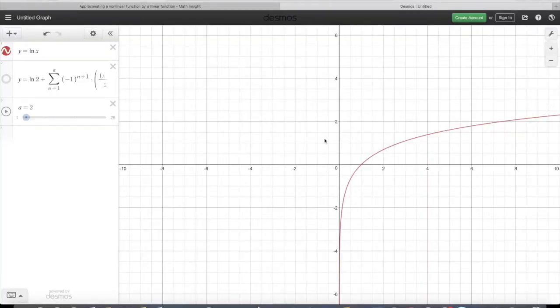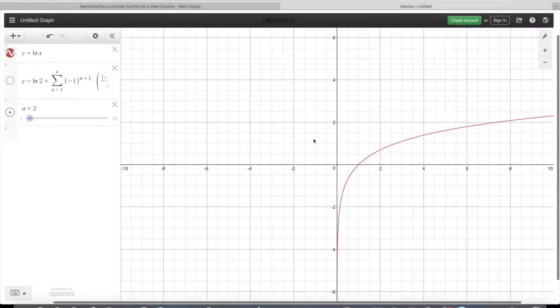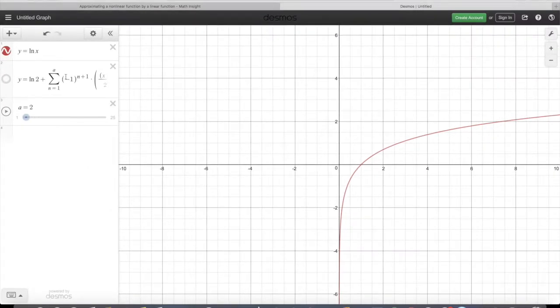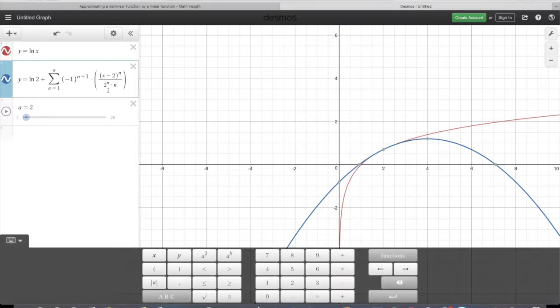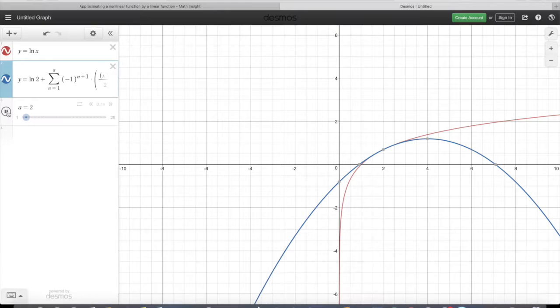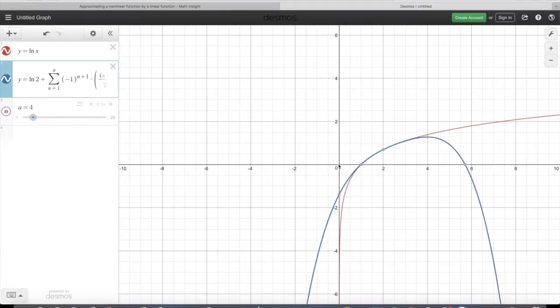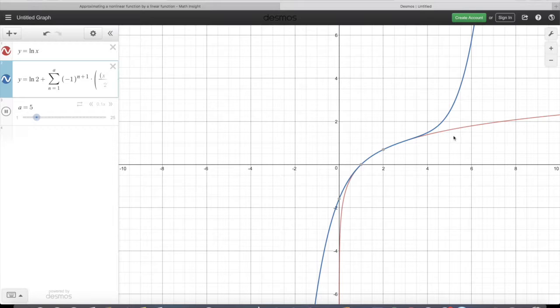Okay, so using Desmos, we can actually see what the Taylor polynomials help us to do. Here we have in red the function y equals ln of x. If I add the Taylor polynomials, using the general formula seen here on the left, we have the blue line, which, if I increase this slider from 1 to 25 for the value of a, we can actually see how the Taylor polynomials help us to model the function y equals ln of x.